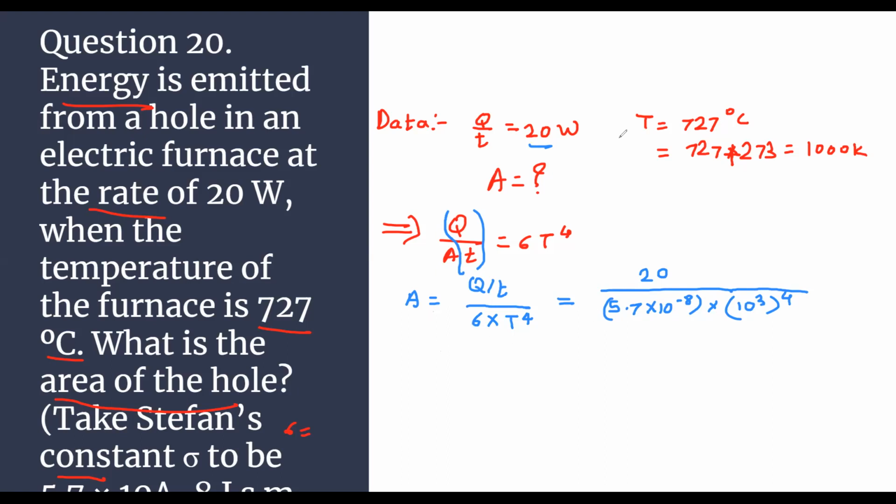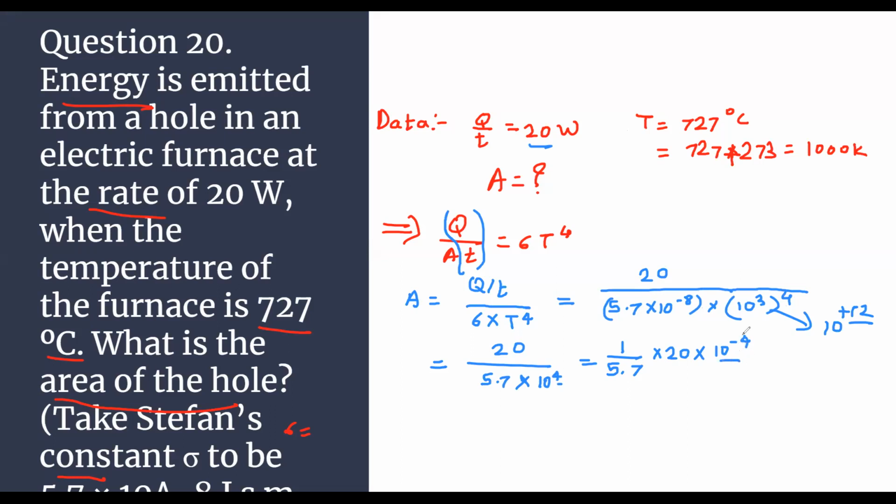We'll get 20 upon 5.7 into 10 raised to minus 8 into 10 raised to plus 12. So this part is 10 raised to plus 12, and with this 10 raised to minus 8 it becomes 10 raised to plus 4.